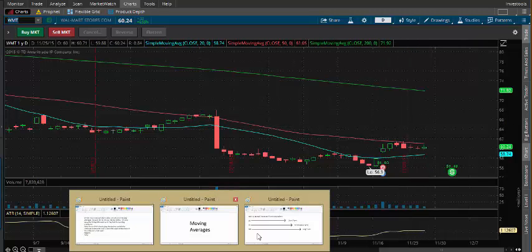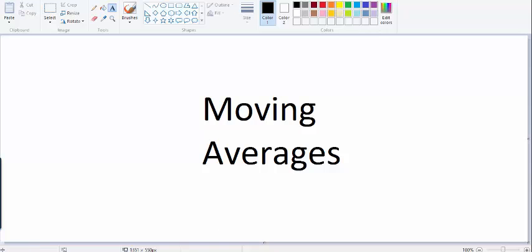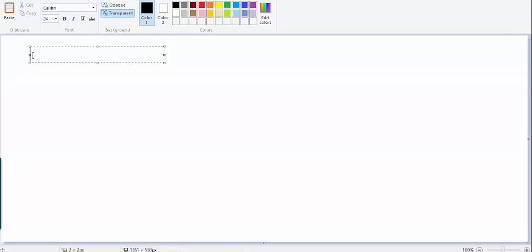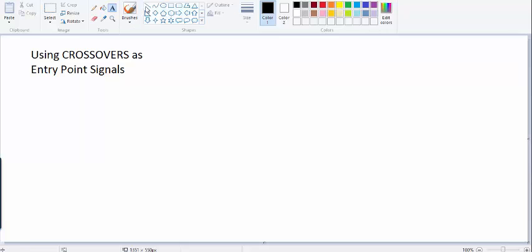Now, there's an alternative view of moving averages, though, and this is where Stu's talking. He used the word crossover. Using crossovers as entry point signals. Some people use a crossover system, and it sounds like what Stu's using is a 10 and a 21 period. I'd have to test that. I can tell you 2 crossover systems that I like.